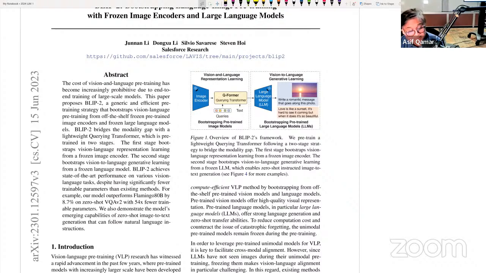BLIP-2 achieves state-of-the-art performance on various vision language tasks despite having, and this is the most important sentence in this paper, significantly fewer trainable parameters than existing methods.